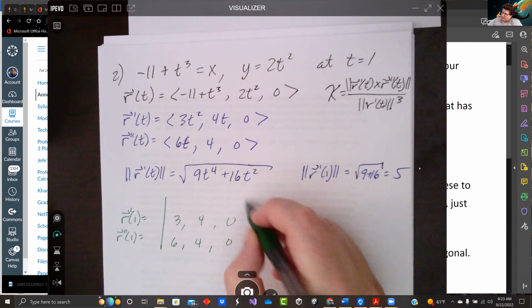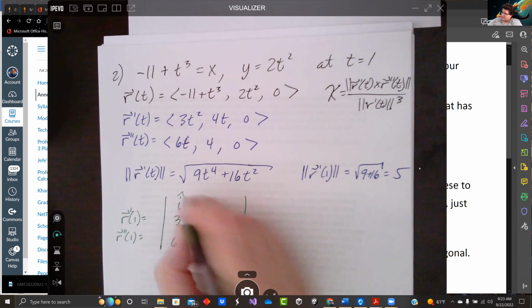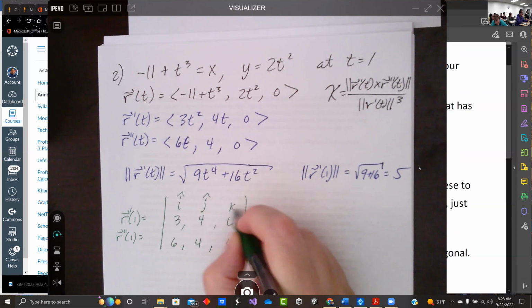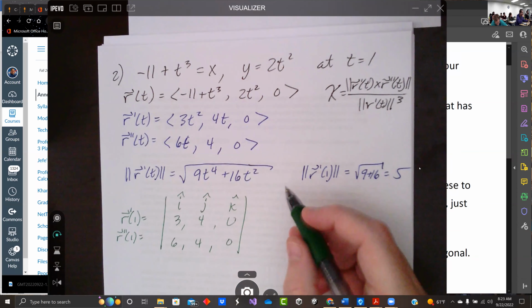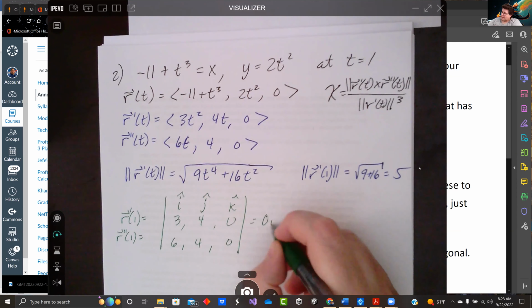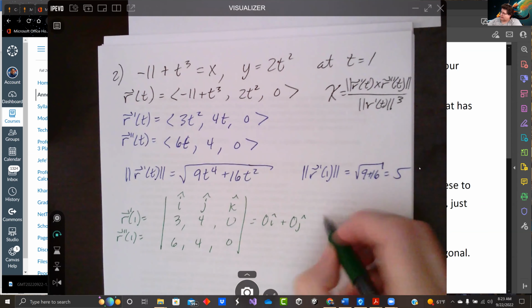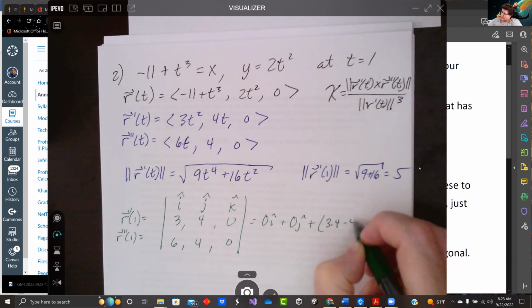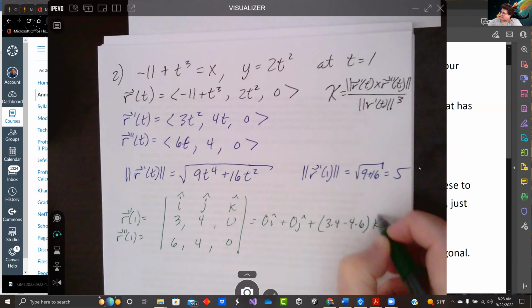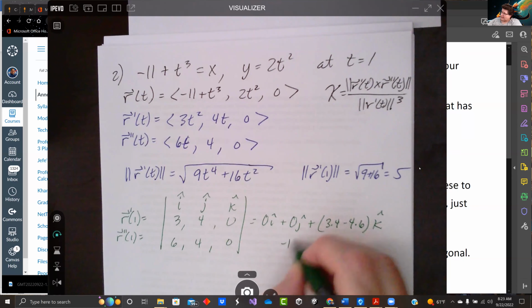And if I want to find the cross product, we have 0 i hat and 0 j hat. But k is 3 times 4 minus 4 times 6, which is negative 12 k hat.